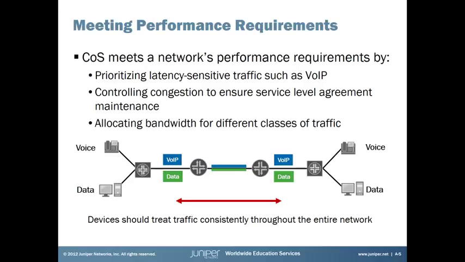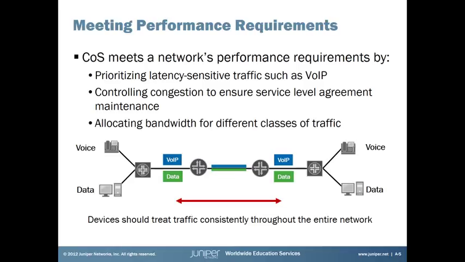So they will implement class of service on their network to make sure that I always get a certain bandwidth for that class of traffic. I have a service level agreement. So as a carrier, class of service allows them to meet those contractual arrangements.